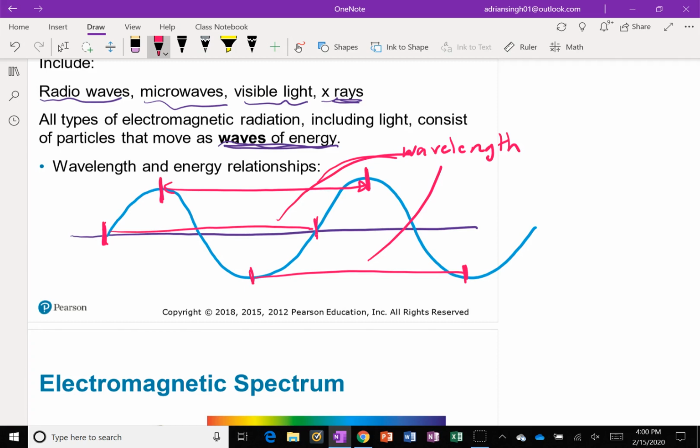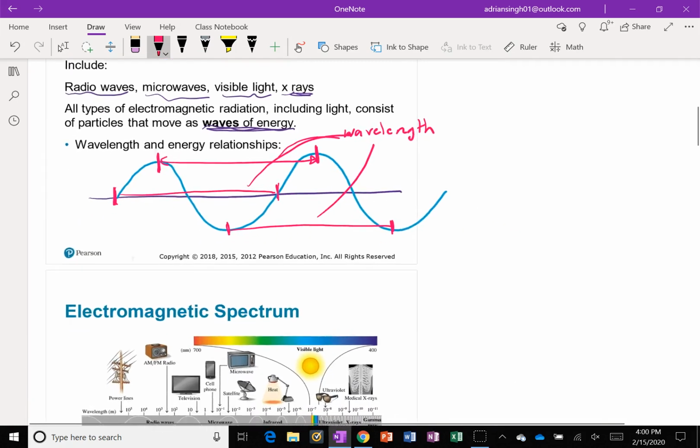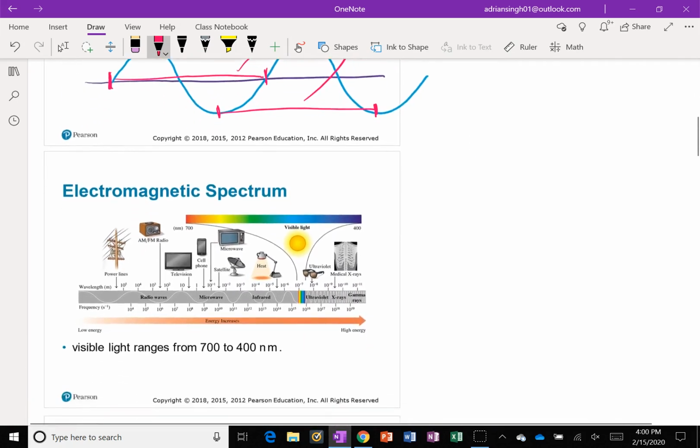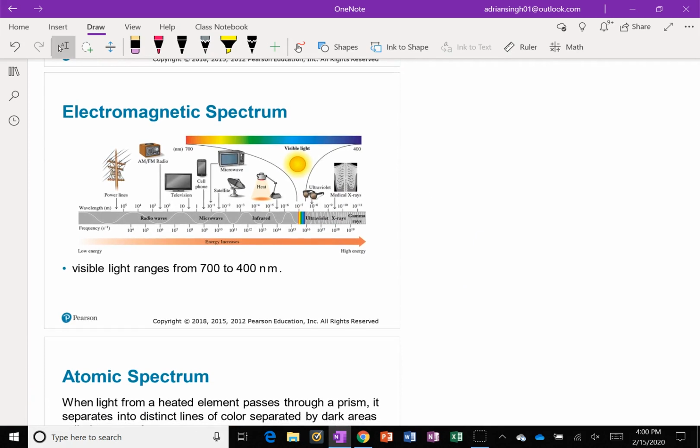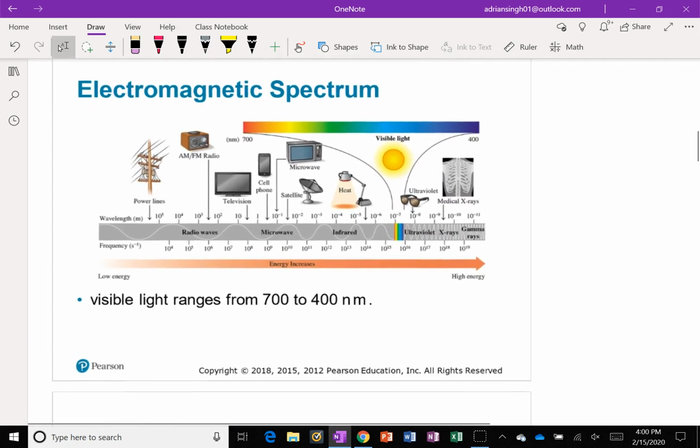So different waves, like radio waves, microwaves, visible light, etc., will have different lengths of their waves, or different wavelengths. And these different wavelengths are associated with different energies. So on the electromagnetic spectrum, we can see several of these different waves and their associated wavelengths.